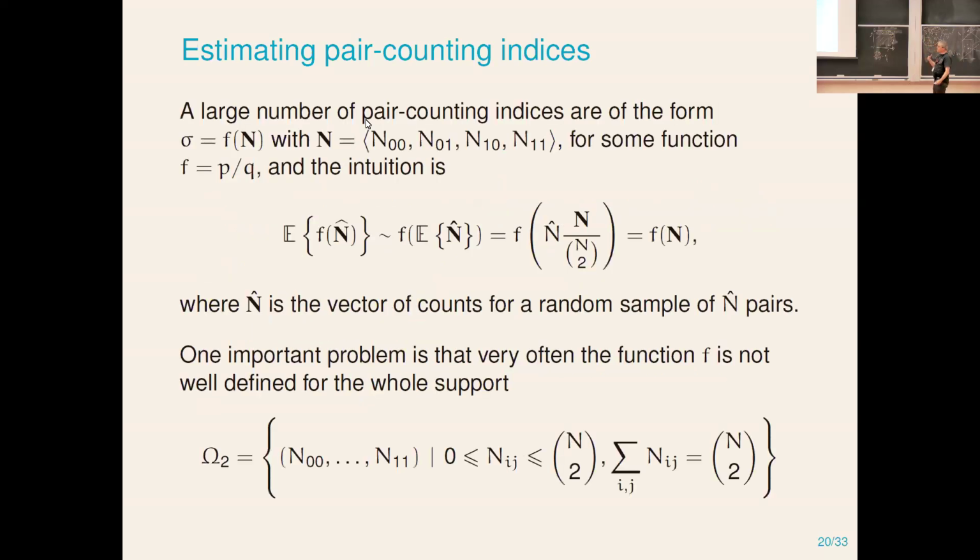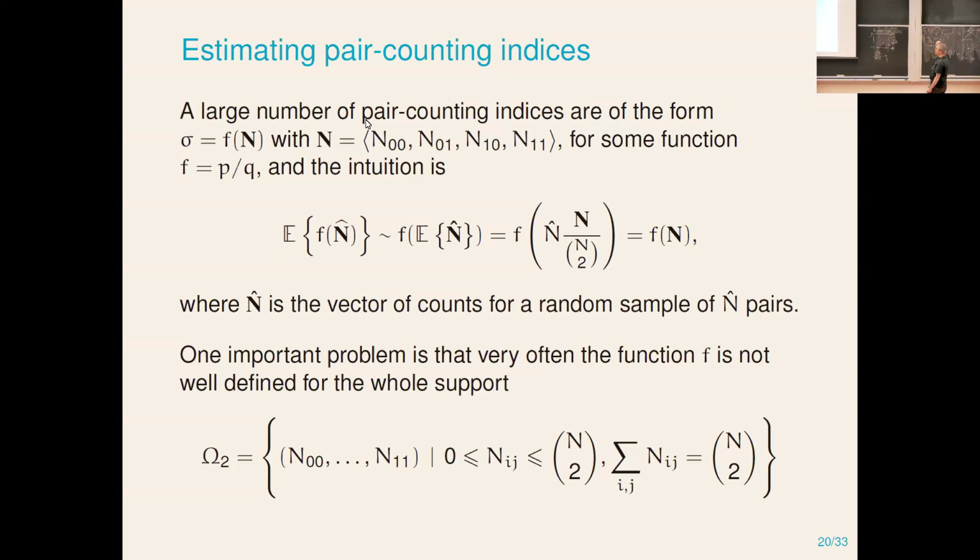Now we need to do a bit better. The idea here is that many of them, a large number of them, depend on this vector of counts, and you apply some kind of function, which is a quotient, P divided by Q. Not a proportion, because maybe in Q there's a square root, but it's a quotient.